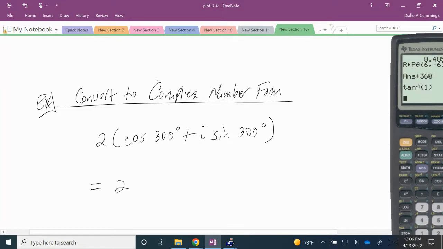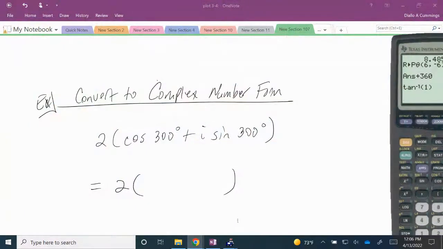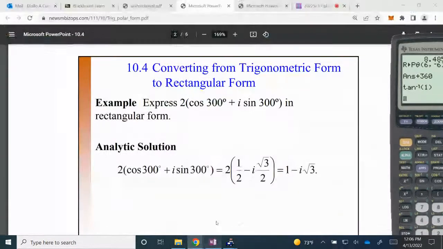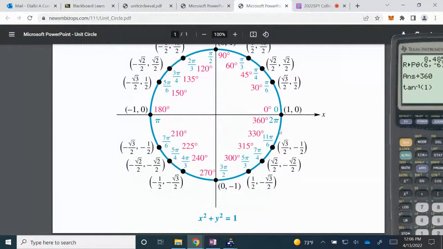All right, so this is going to equal 2, and then I'm going to pull up the unit circle. Okay, I'm going to find 300 degrees, which is in the fourth quadrant. The cosine of 300 degrees is 1/2, right? The cosine corresponds to the x coordinate.